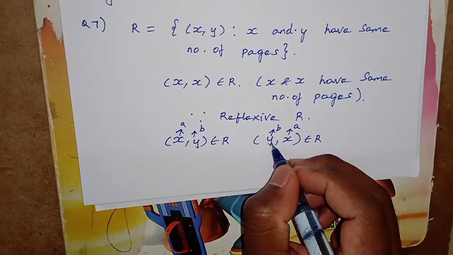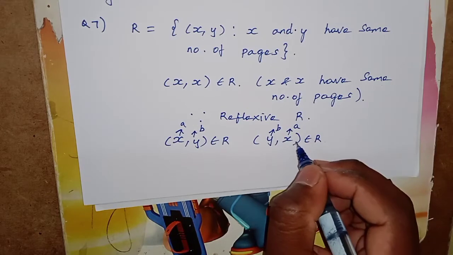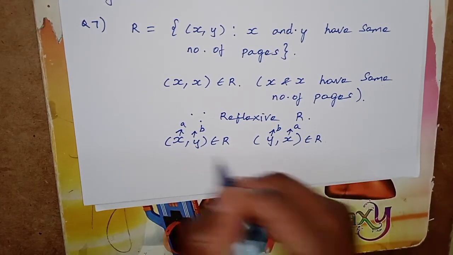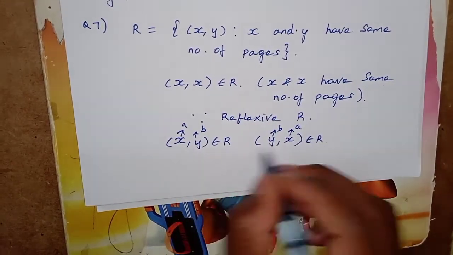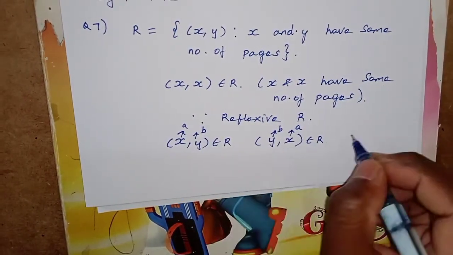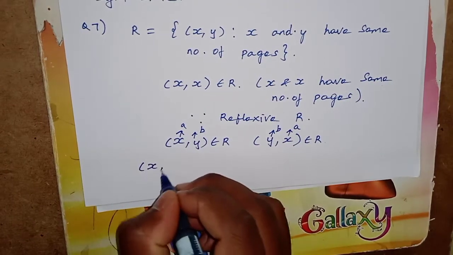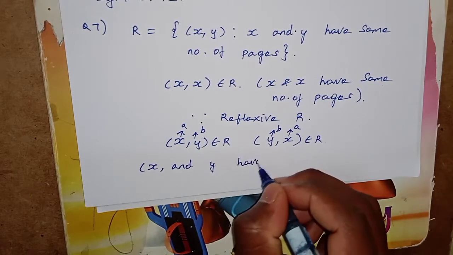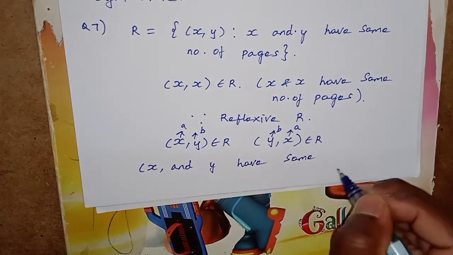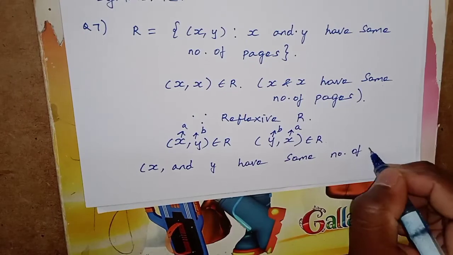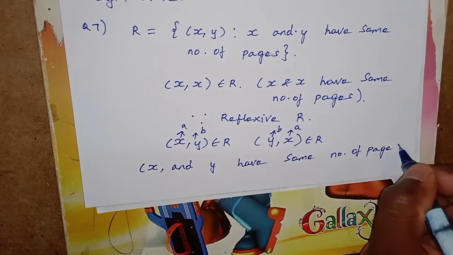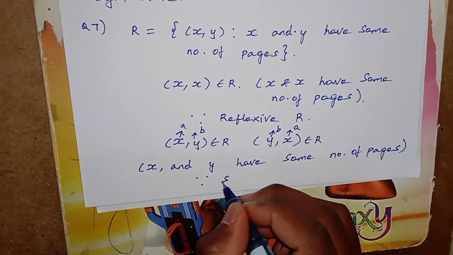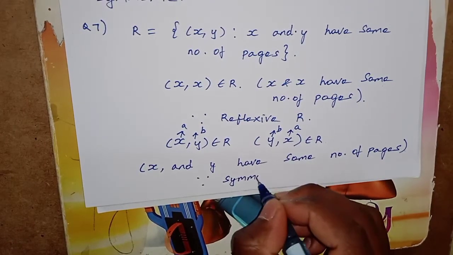Now here y is kept in the first rack and x is kept in the second rack in a library. This is the meaning here. Therefore here it belongs to R. You have to write x and y have the same number of pages. Therefore here it is a symmetric relation.